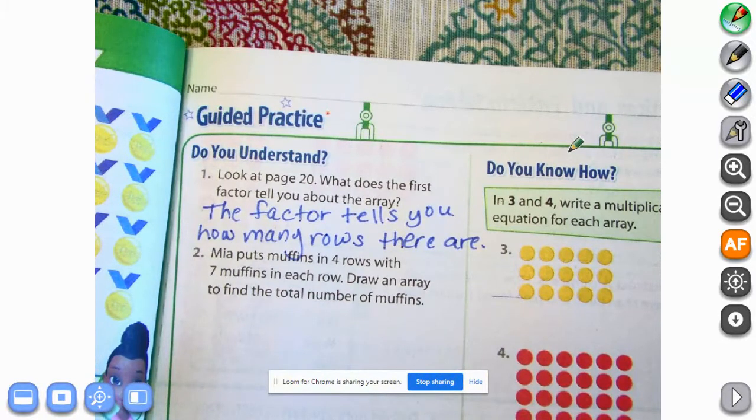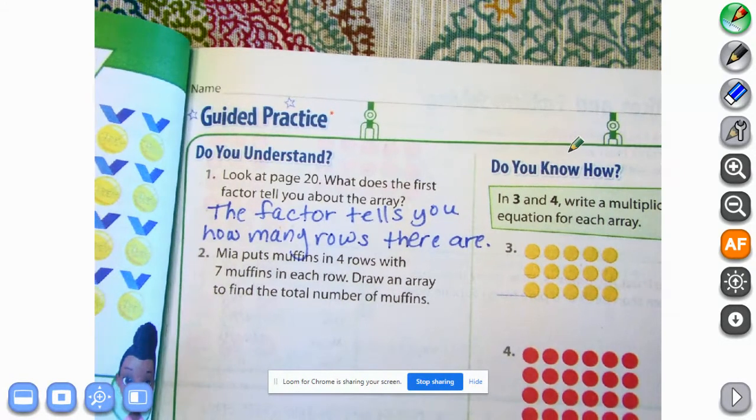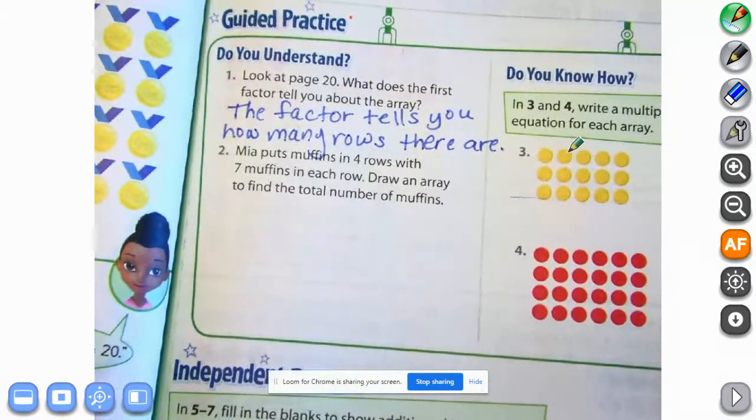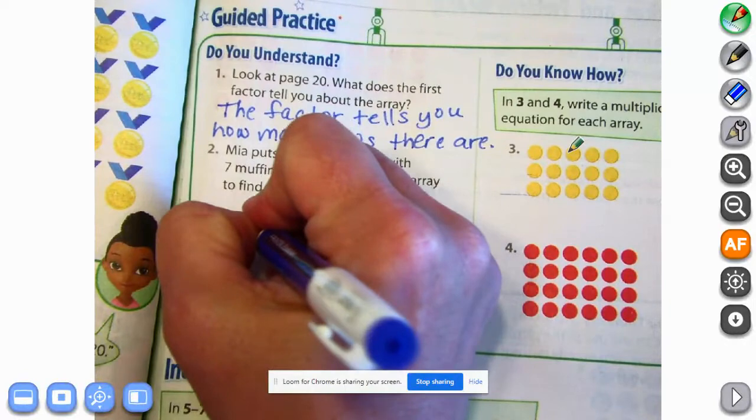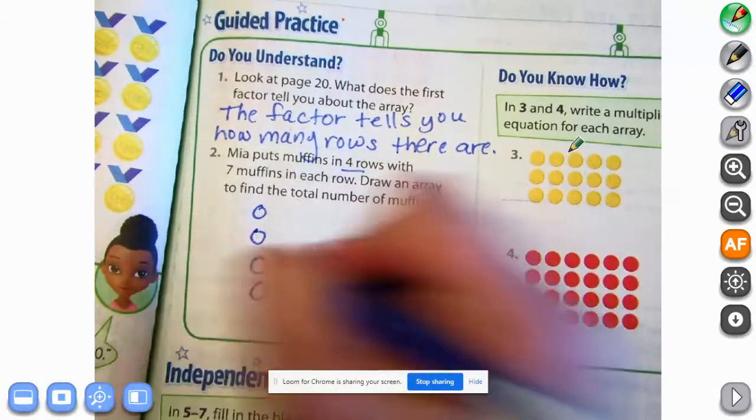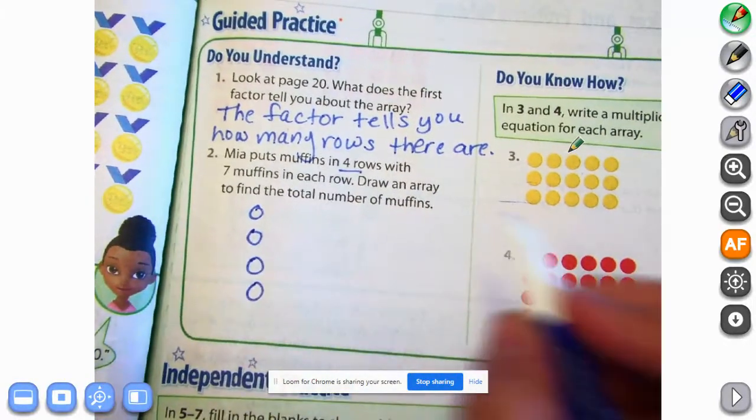Mia puts muffins in 4 rows with 7 muffins in each row. Draw an array to find the total number of muffins. Okay, so 4 rows. First part we see 4 rows. 1, 2, 3, 4. How many muffins are in each row? 7.